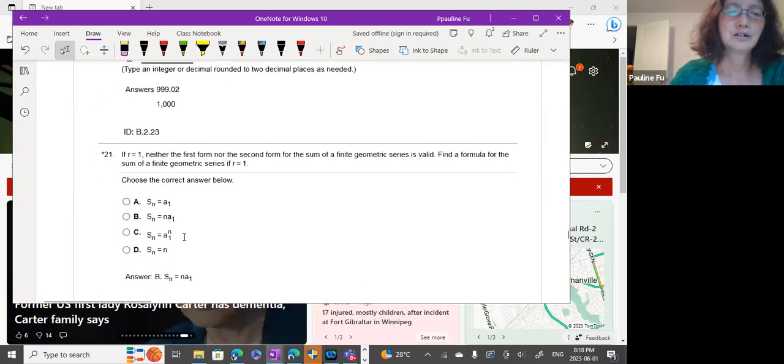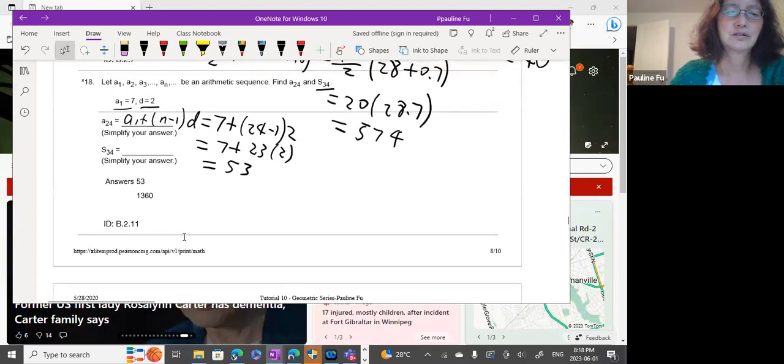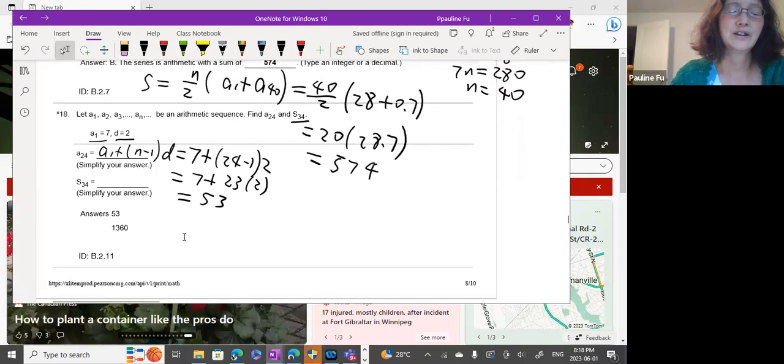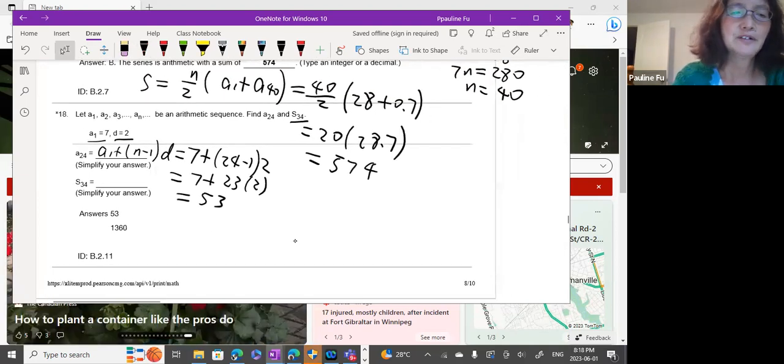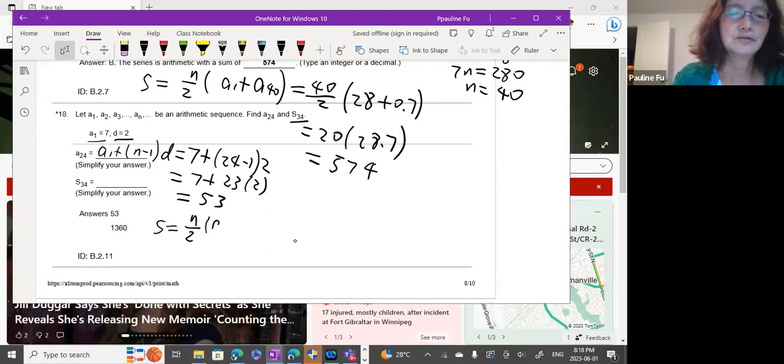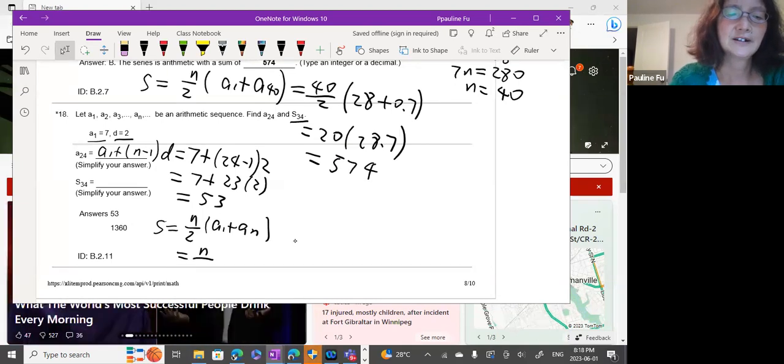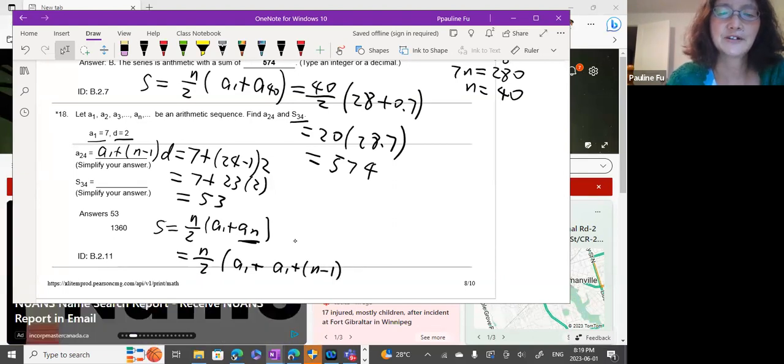Remember the formula is n over 2 times A1 plus An, and then An equals A1 plus n minus 1 d, right?